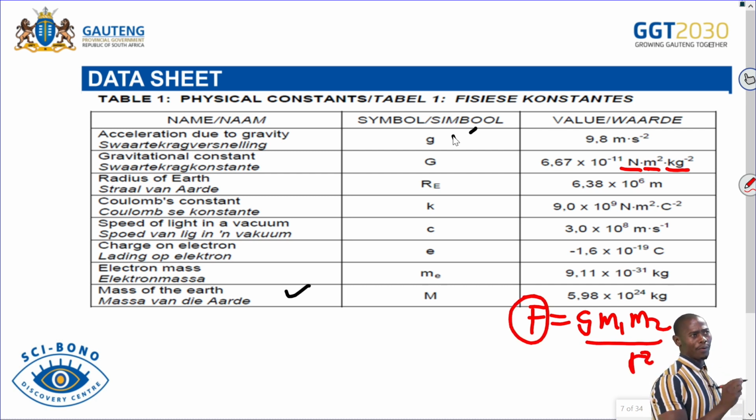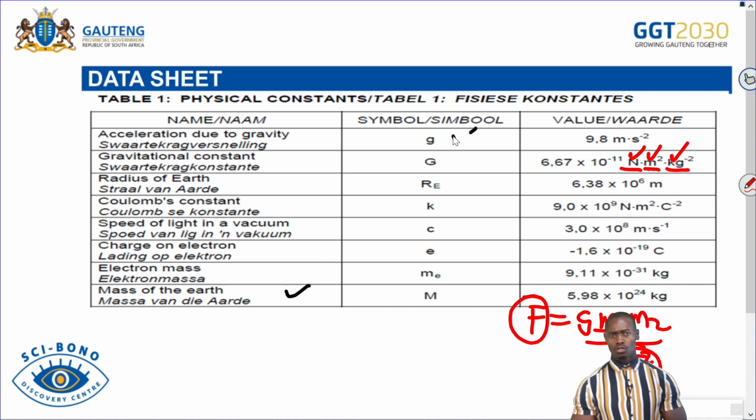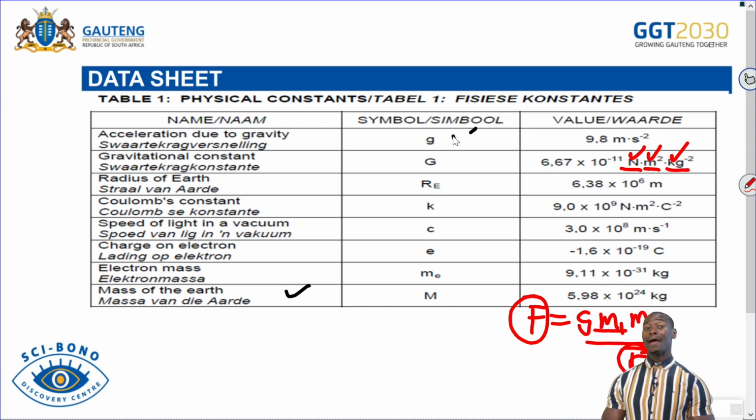F should be in newtons. R, which is the distance, should be in meters. M, which is the mass, should be in kilograms.